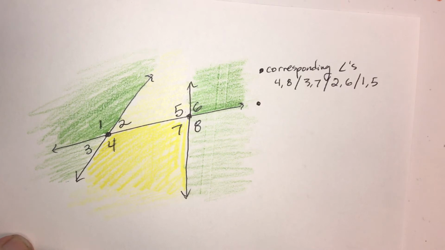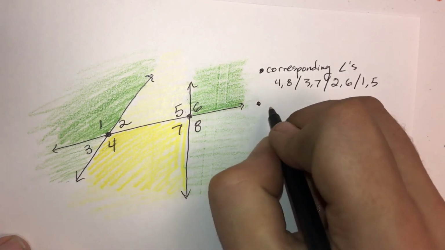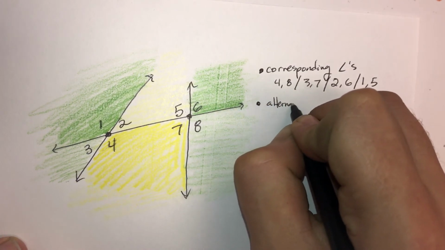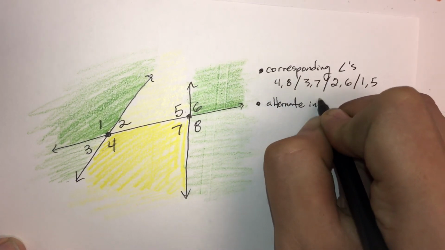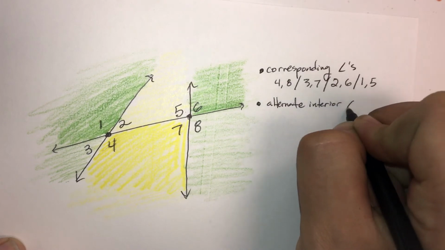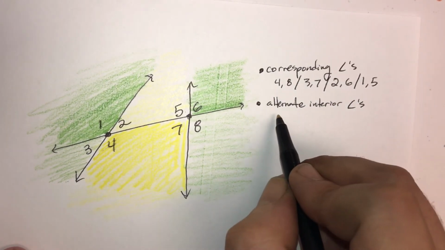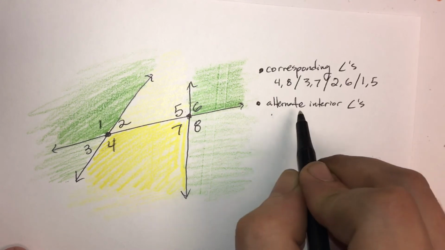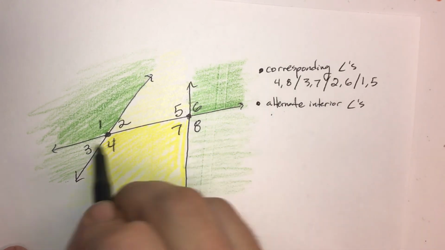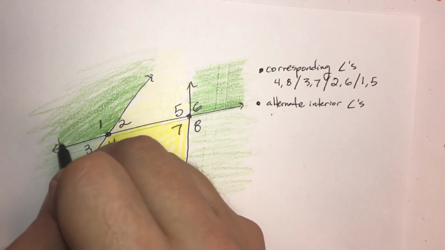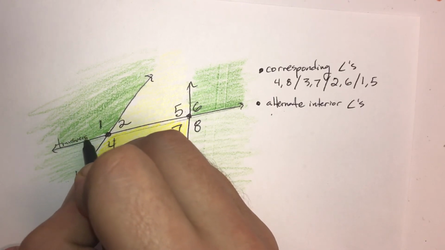Next. What comes next? Alternate interior angles comes next. Alternate refers to sides of the transversing line. Here's the transversing line.